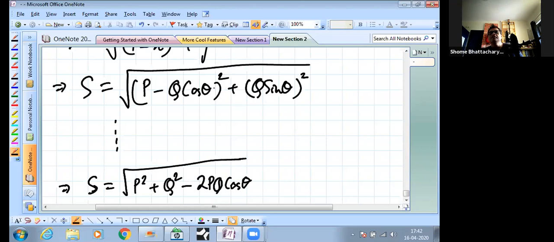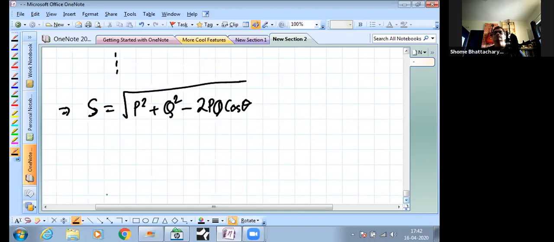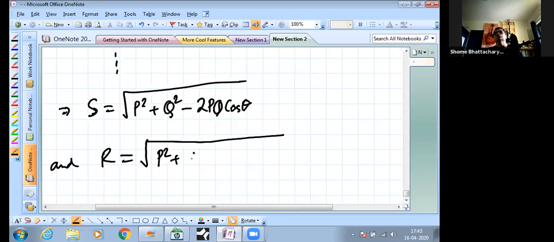Okay, and having done those couple of steps, what you'll see is that S is this, and of course, R was how much? R was root of P square plus Q square plus 2PQ cos theta. Okay, so take equation 2 and the earlier one was equation 1, square them and add them.